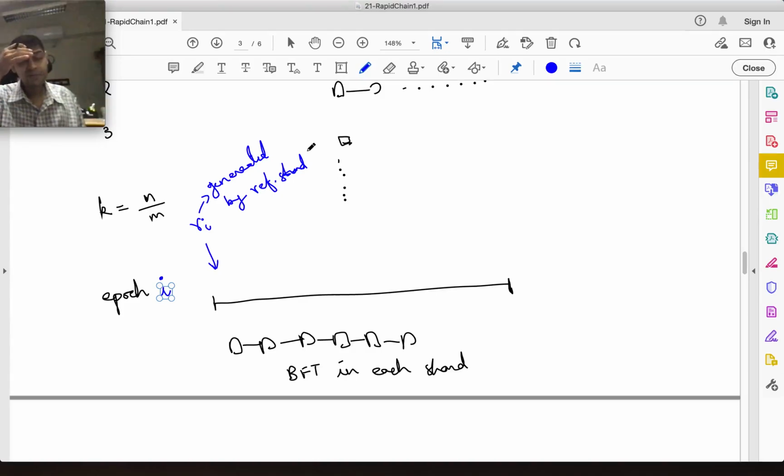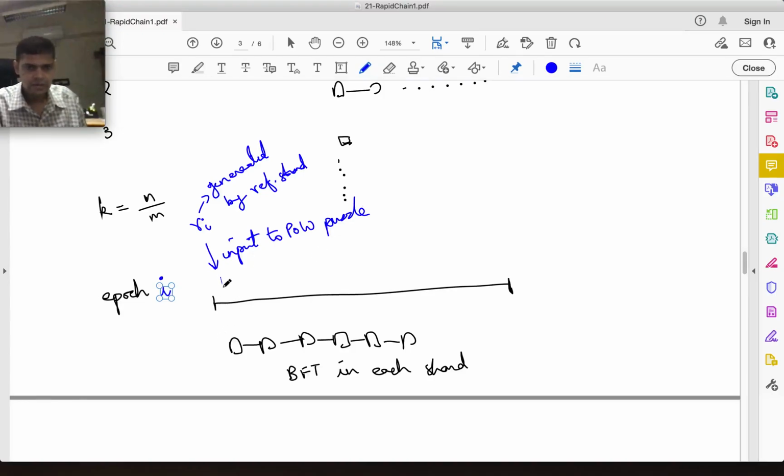These particular nodes which are handling the reference shard will among themselves create a random number, some Ri, and this is given as input to the proof of work puzzle. Sort of like a nonce, you can say.